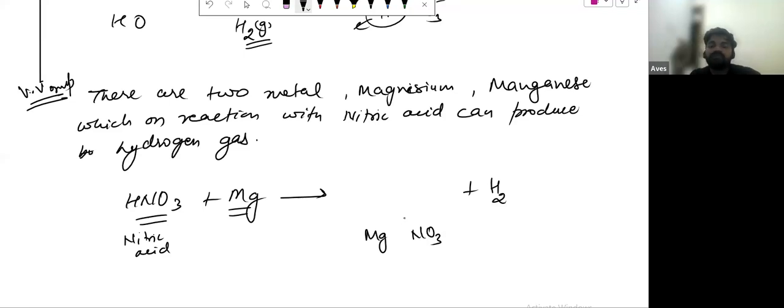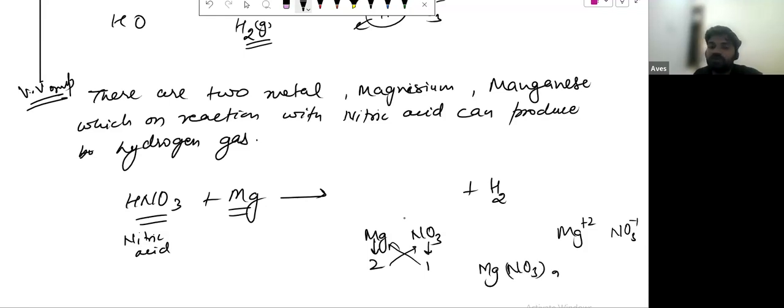What should be the correct formula for this compound? The valency of magnesium is 2 and that of the nitrate ion NO3 is -1. Cross multiplied, you will get Mg(NO3)2. You understood?